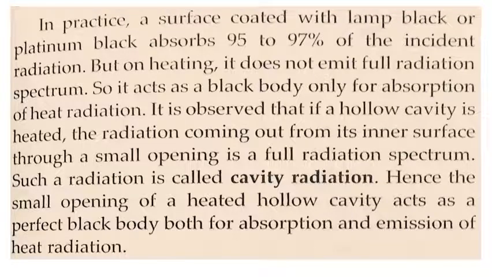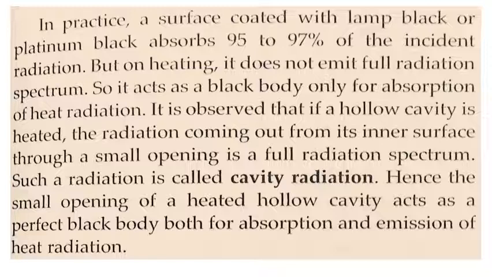A surface coated with lamp black or platinum black absorbs 95 to 97% of the incident radiation. But on heating, it doesn't emit the full radiation spectrum. So it acts as a black body only for absorption of heat radiation.